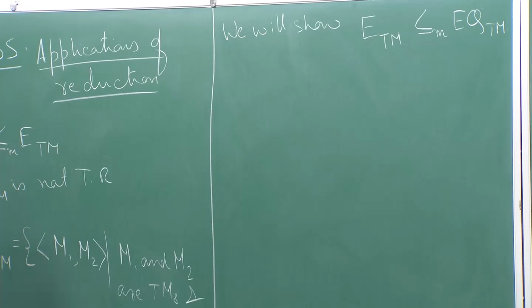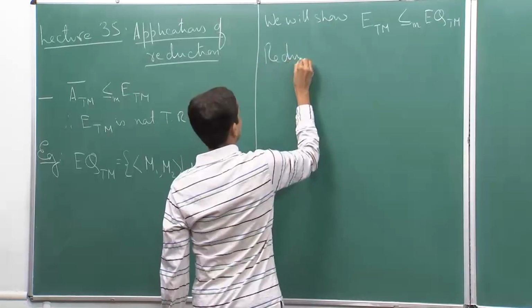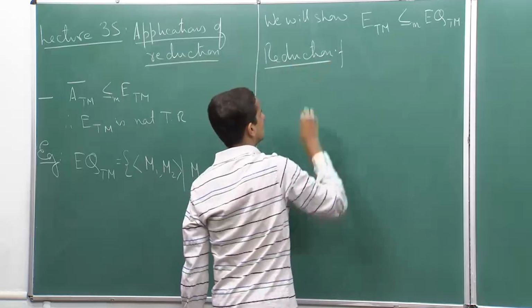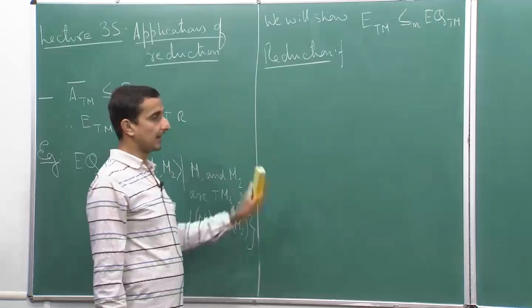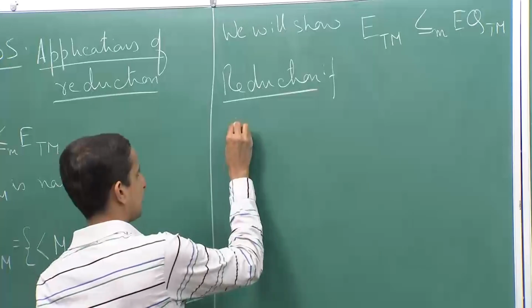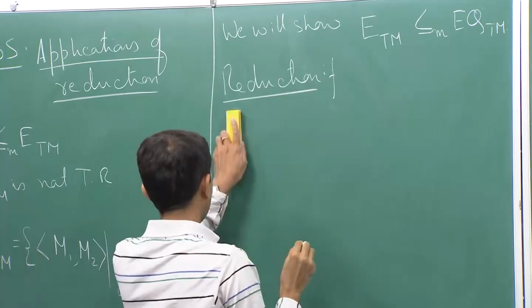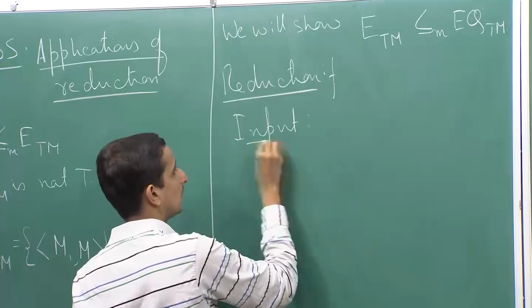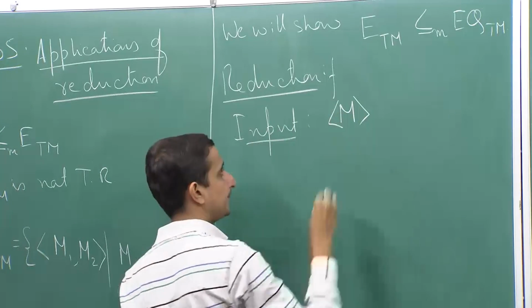So, this is what we will show. We will construct a computable function f that will do the following. So, what does f do? First, f takes as input a machine M, let us say.